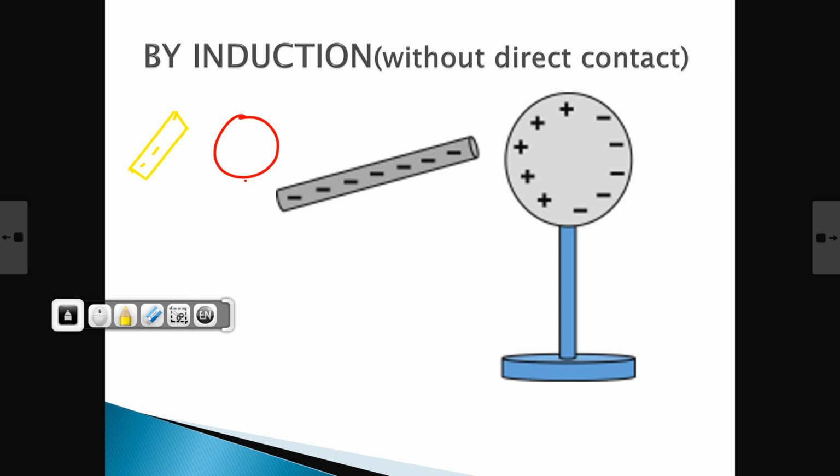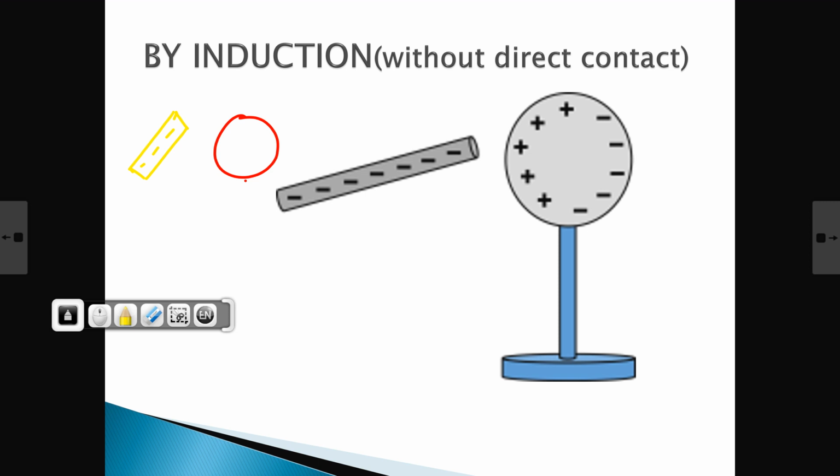Our charged body is negatively charged. In this case, there is no direct contact. We place the charged body near the uncharged body without touching it.